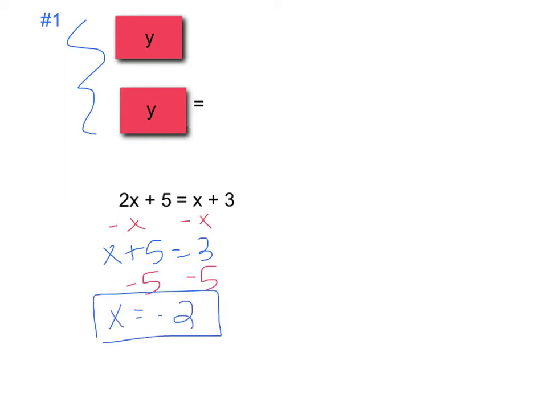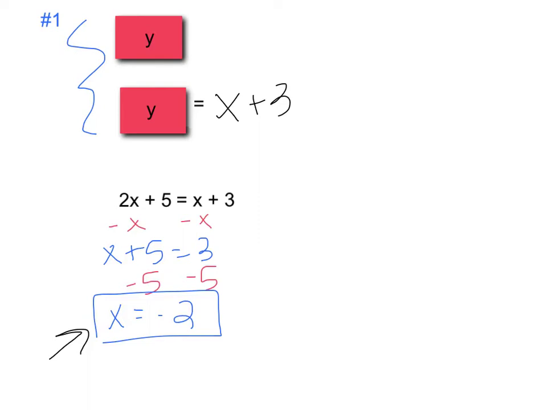So that's half of my solution, right? I have the value of x now. But now I need to find the value of my other variable, y. If I go back to one of my original equations, y equals x plus 3, I can plug in my value of x into that equation to find the value of y. So let's take a look at what we get.